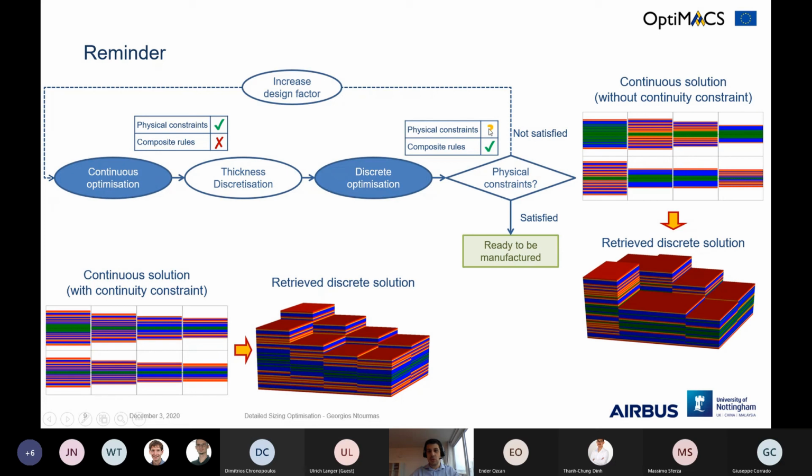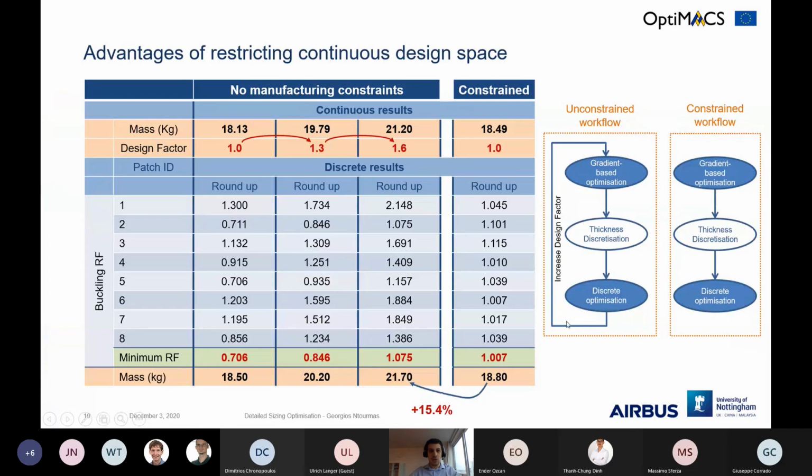But the thing is, what happens with the physical constraints? We can expect that in this case we have sacrificed a lot, so we're basically not able to match the stiffnesses, and we can see the effects of that in this slide.